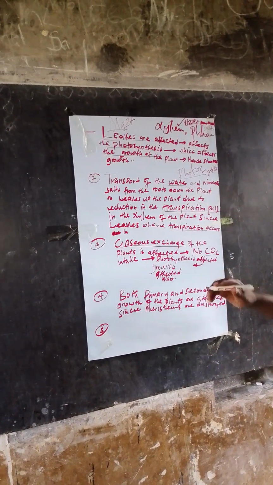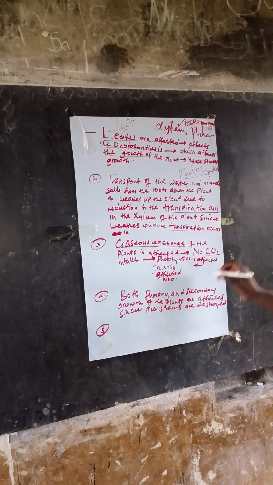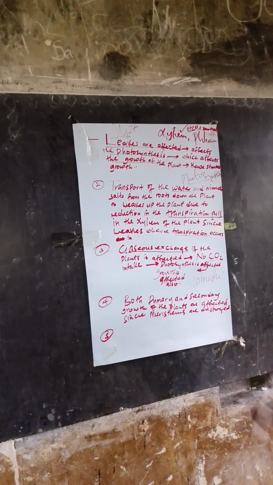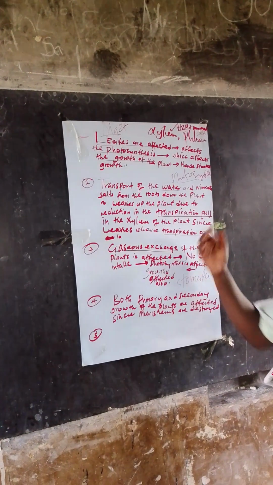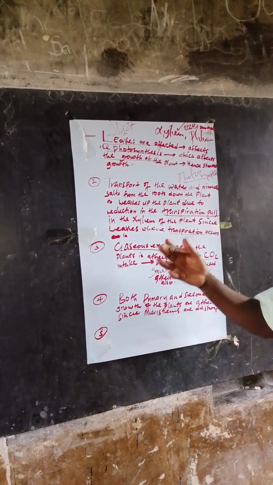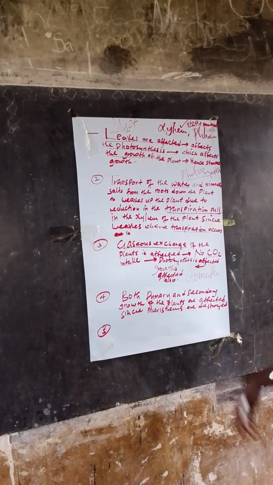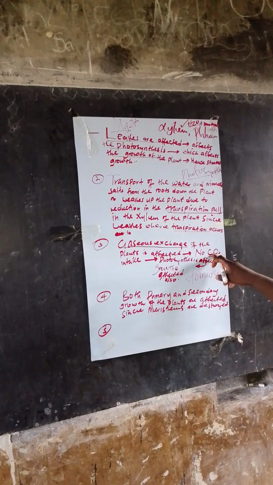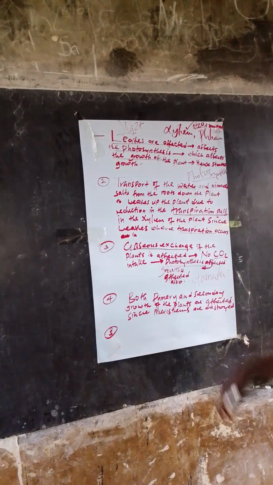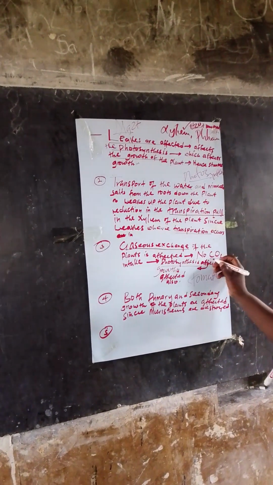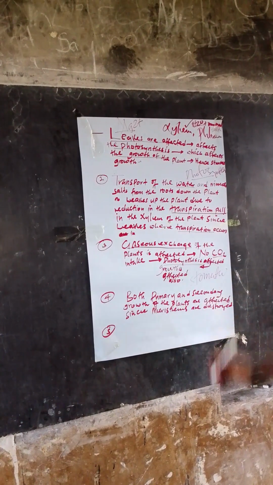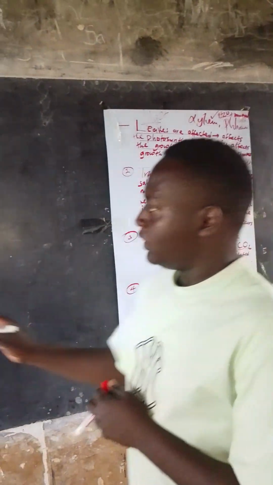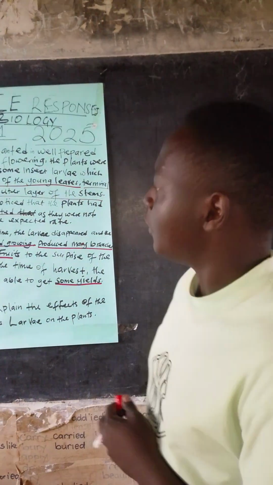Carbon dioxide enters through the stomata. It enters the leaf. So, if I remove the leaf, the plant will not receive carbon dioxide. If it does not receive carbon dioxide, the rate of photosynthesis is going to be affected, because without carbon dioxide, photosynthesis cannot occur in the plant. So hence, experiencing stunted growth of a plant.